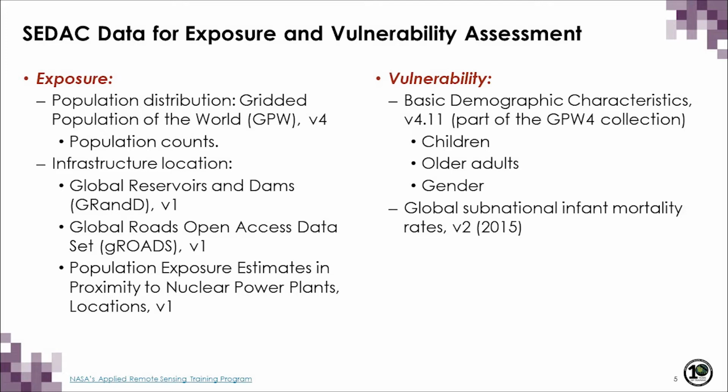For vulnerability, we will explore the basic demographic characteristics dataset that is part of the GPW4 collection, looking at children, older adults, and gender, and the Global Subnational Infant Mortality Rates dataset.